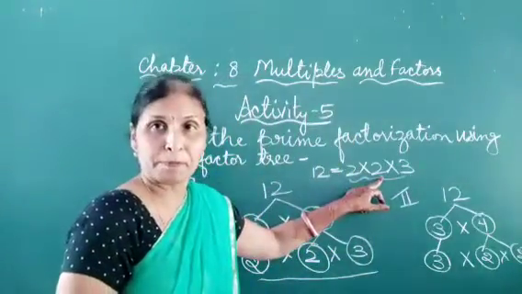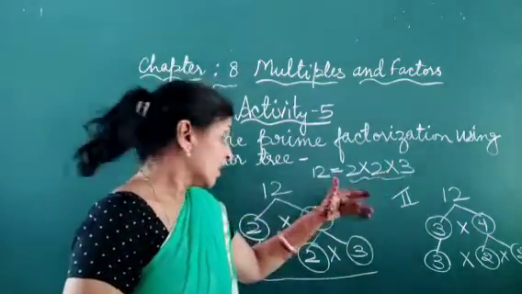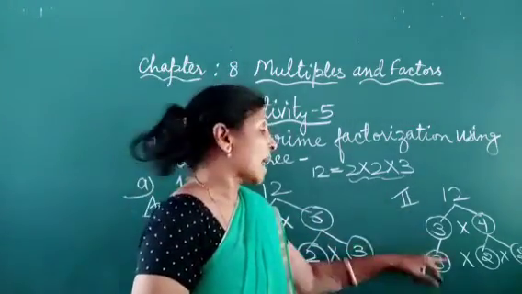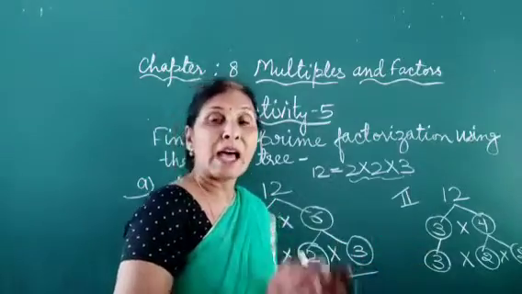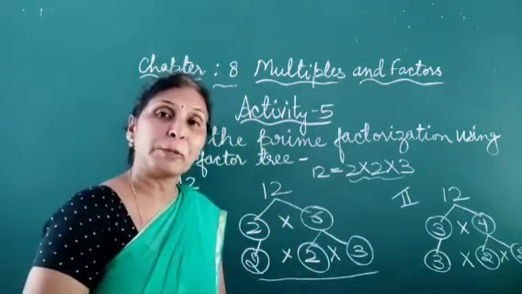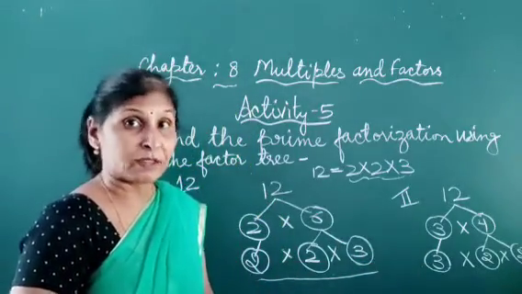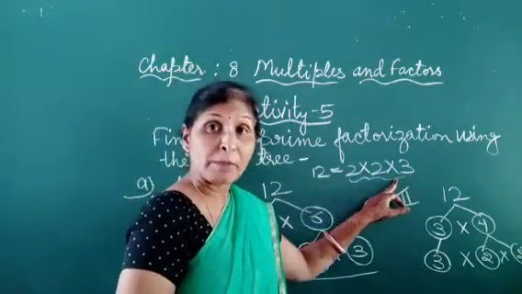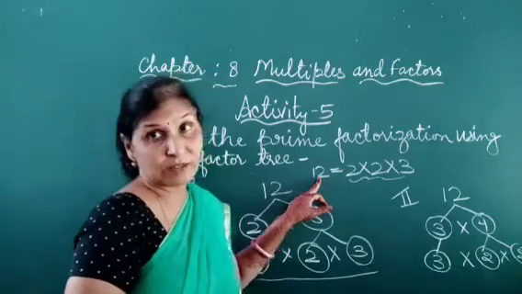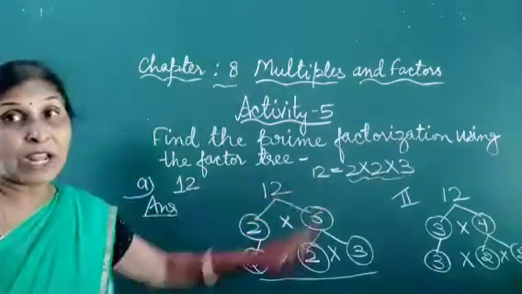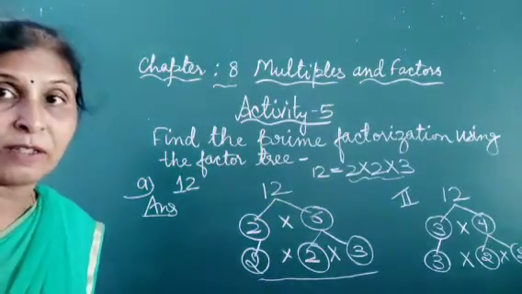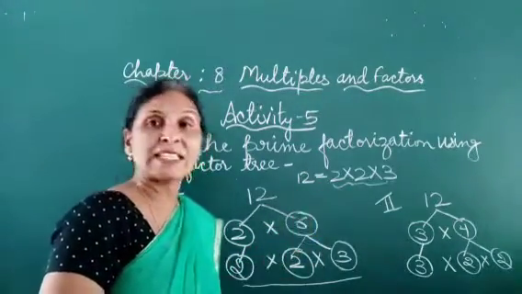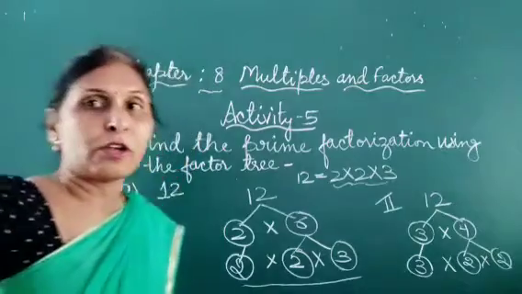This is the same. Either you can solve by this method or by that method, the answer will be the same. At last, all the factors will be prime factors. And if we multiply all the numbers, we get this one, then our answer is correct. In this way, we can check ourselves whether our answer is correct or not.